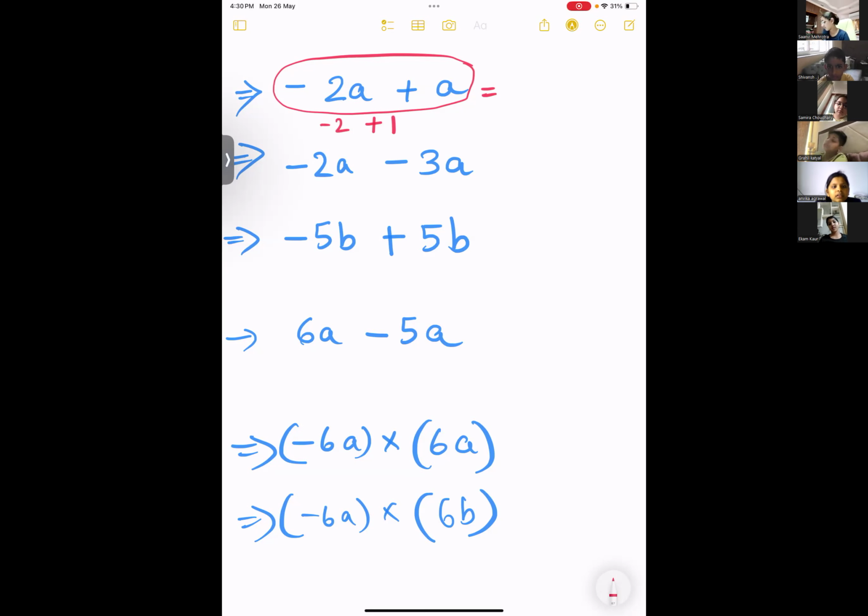Can you give the answer, Samaira? Minus 2 plus 1. What is the answer? I think it should be 2 because 1 minus 2, 2 minus 1 equals 1 plus 1 equals 2. No, Samaira.